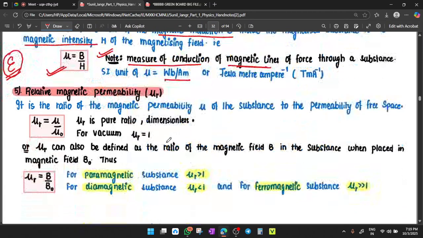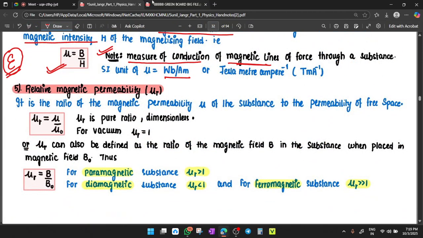Okay. Now relative magnetic permeability. Actually, when there is a material, it has some permeability mu. So mu equals the permeability of any magnetic material.